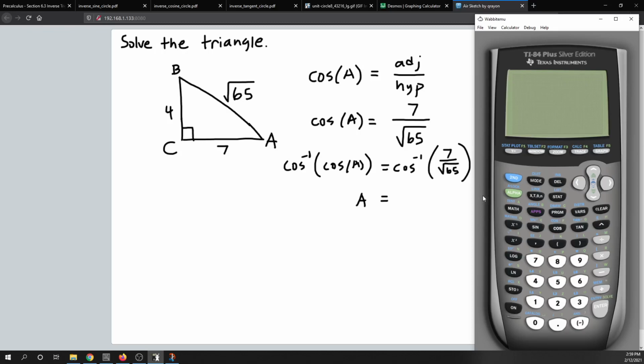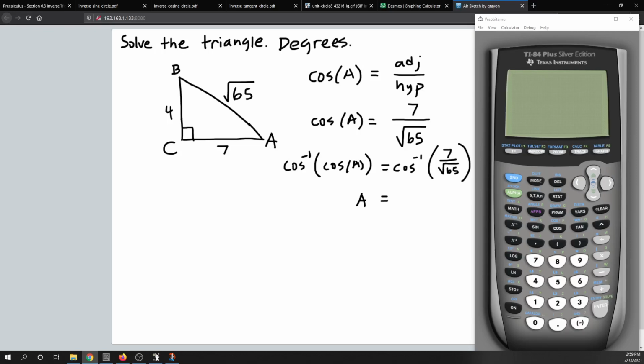In this case, let's see, I did not specify whether or not they wanted it in radians or degrees. So let me just quickly take a look at that. All right, it says in degrees, and so that needs to be specified here. I did not write that down. So we want degrees here.